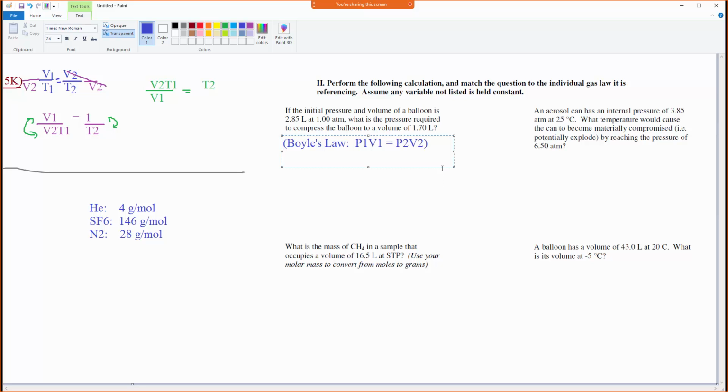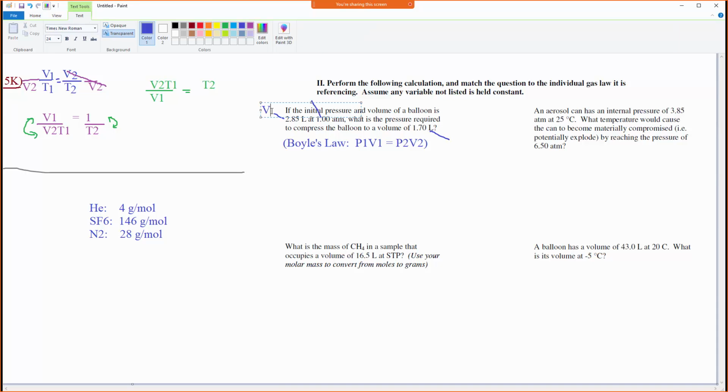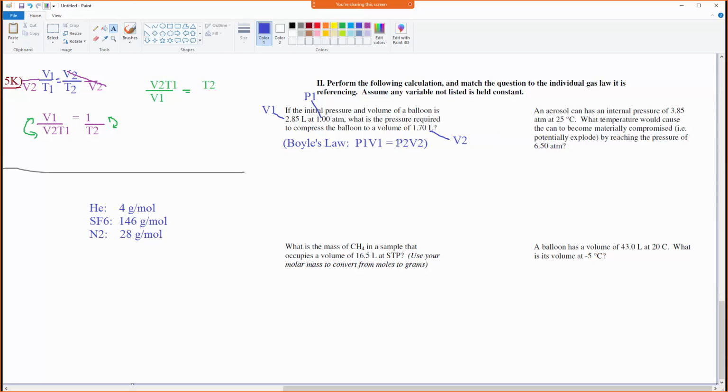Note that I didn't say here specifically that I'm at a constant temperature, but if temperature is not mentioned, then you can presume you're at a constant temperature, right? And so you're going to plug in these pieces here. They gave us V1 there and P1 there, and this is V2. And then we're solving for P2, right?